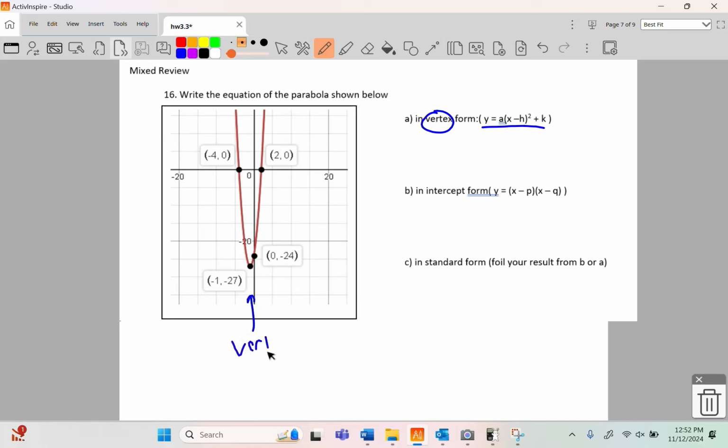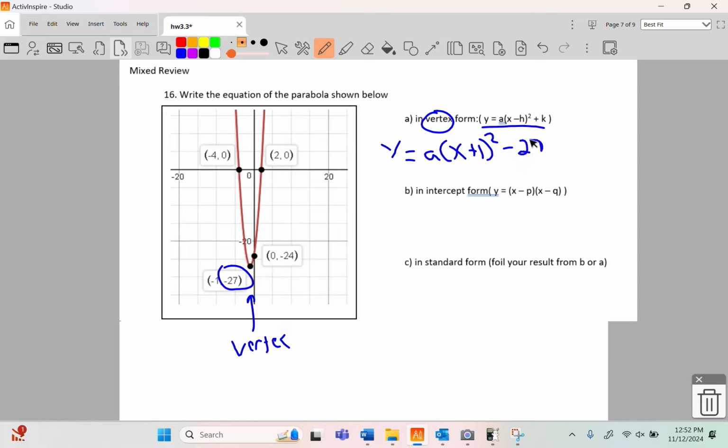What happens to signs in the parentheses? Start off by saying y is a times x, and the negative 1 becomes plus 1, quantity squared, plus k, and k is negative 27.